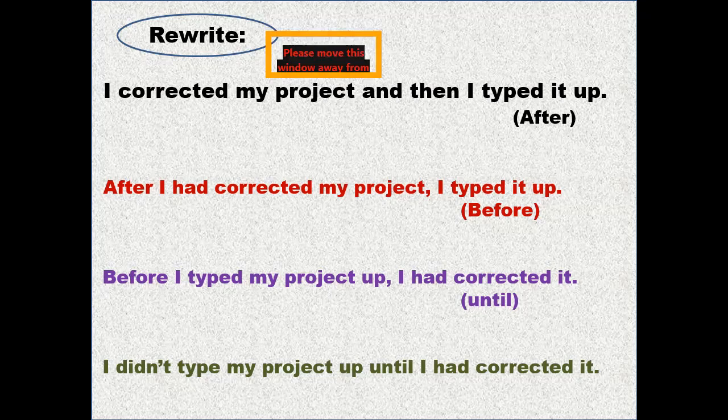We can use with it after, before, as soon as, or by the time. After is equal to as soon as. They must be followed by the past perfect tense. But before is followed by the second action, which is in the past simple tense. With until, we put until in the middle, and we put before it the past simple in negative form, and after it the first action in the past perfect simple tense.